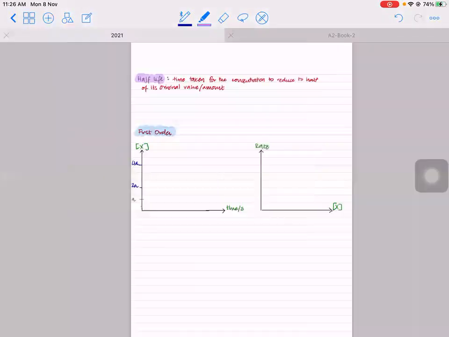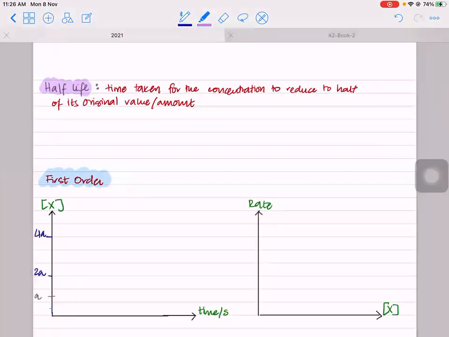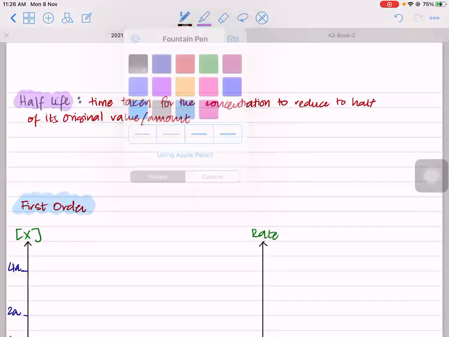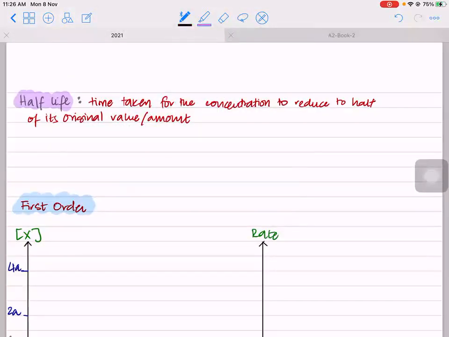Let's now see. So what is half-life? We know half-life is the time taken for the concentration to reduce to half of its original value. If successive half-lives decrease, what does that tell you? That it is zero order.